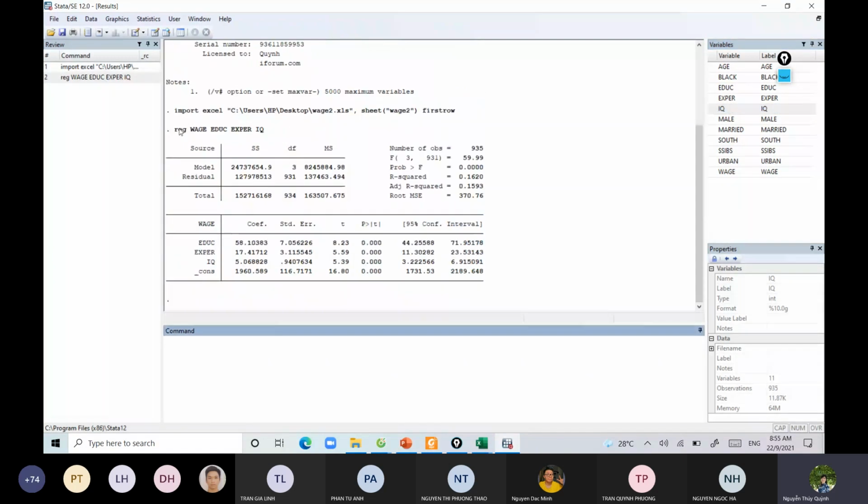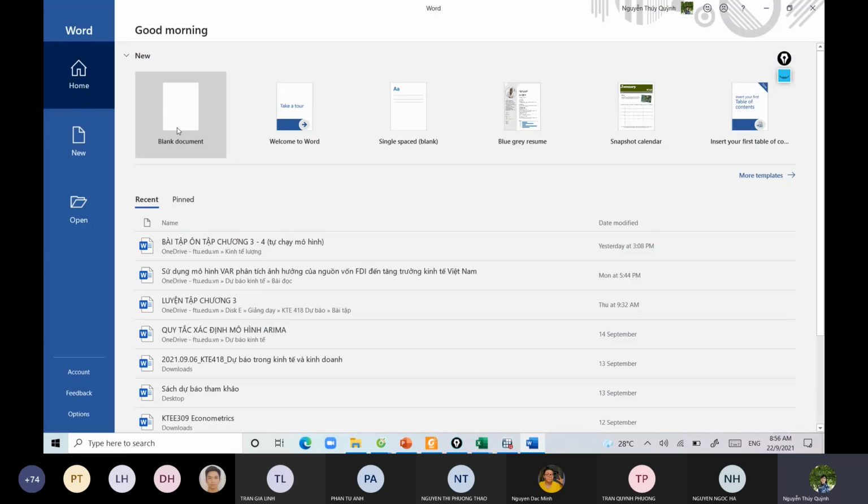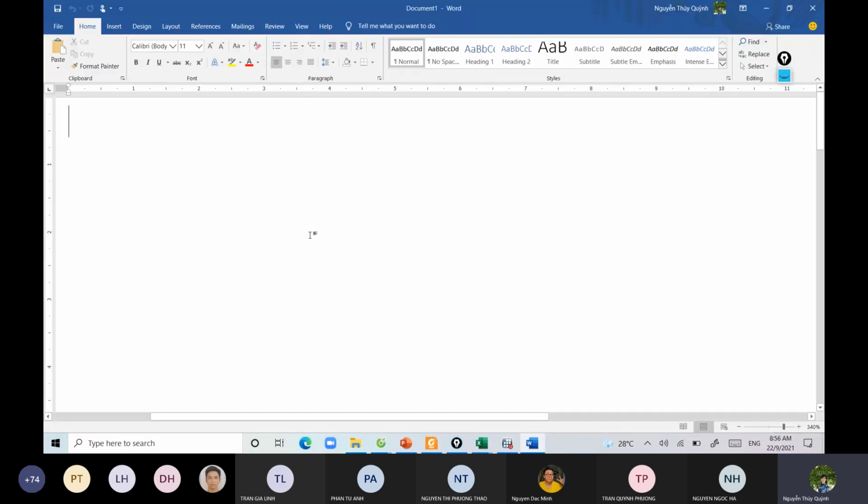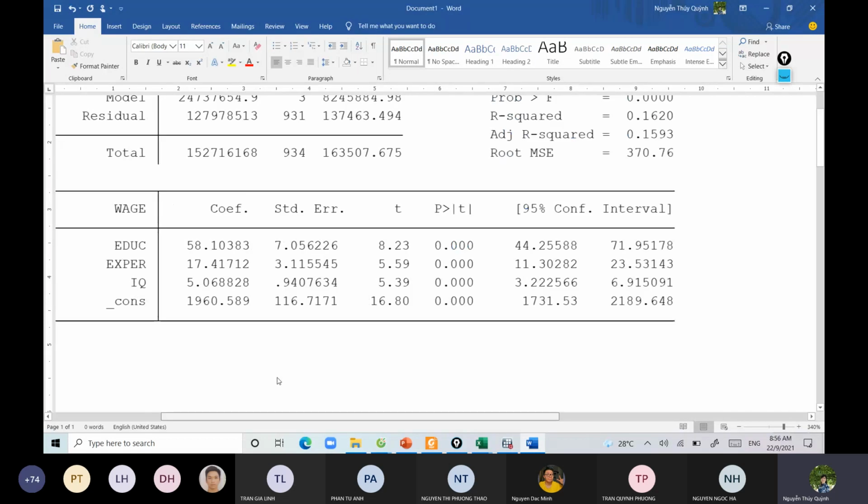Now we have the estimation output generated by Stata here. I will open it in a Word file so that you can see it more clearly. This is our estimated model, the estimation output generated by Stata.